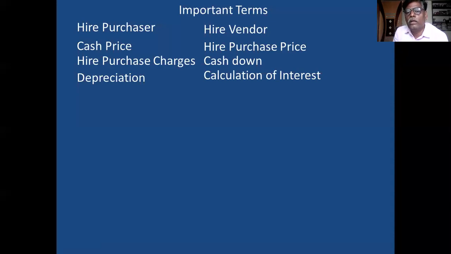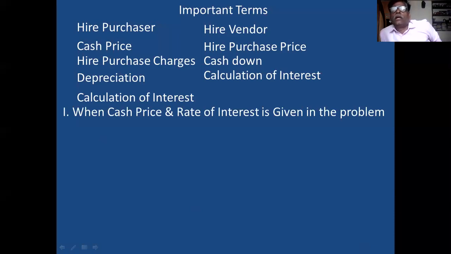In the same way, in this chapter, if the interest table is correct, then your accounts will be correct. If the interest table is wrong, then accounts will be wrong. Therefore, make yourself perfect in this calculation of interest. How to calculate interest and what are the methods? We will see that.